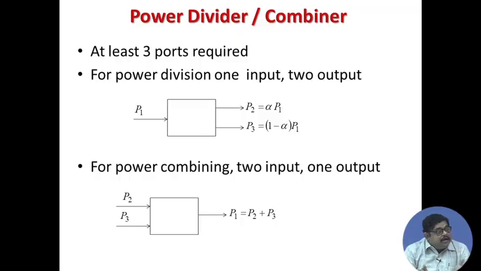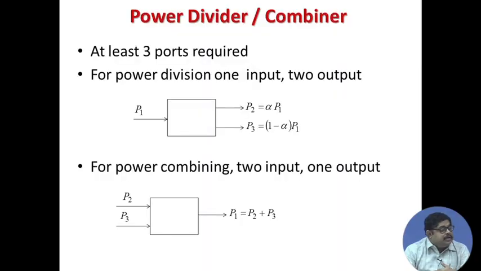Similarly, at high frequency also I have a source of power, and from that I want to distribute power. That is called a power divider. Similarly, if several powers are coming, I sometimes need to combine the power. So, power divider or combiner, the point is you require at least 3 ports in this device. So, these are no more 2 port devices as you have been seeing till now. There will be at least 3 ports.